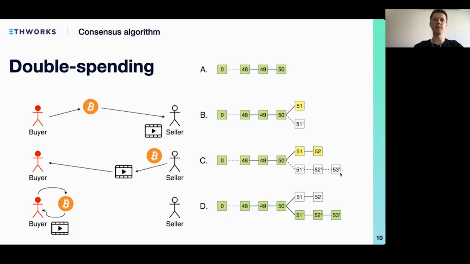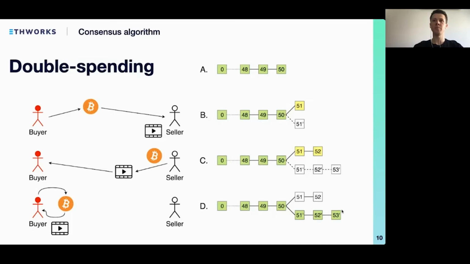After he receives the digital good, he publishes his version of the blockchain. And now here is a rule that says that in blockchains, the chain with the most blocks is the one that we choose as the current chain, the chain that is the real thing.